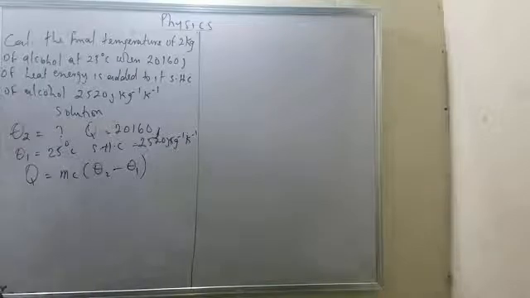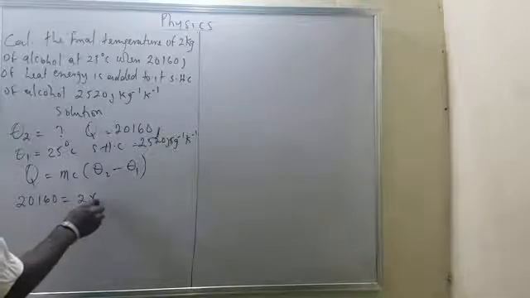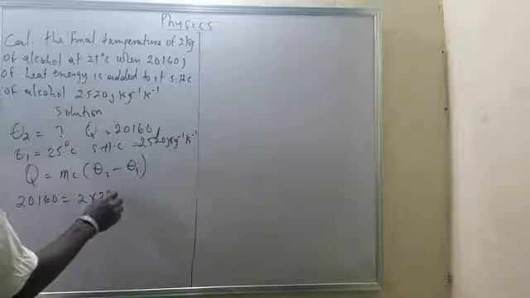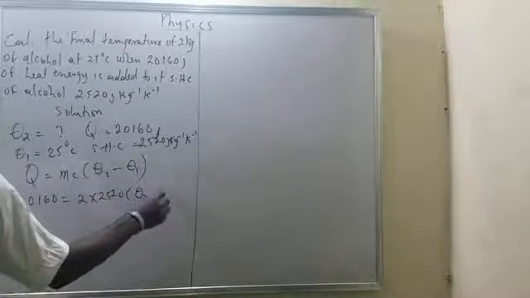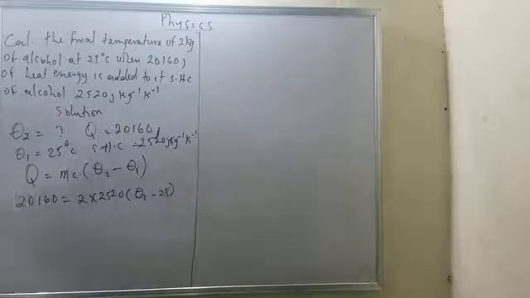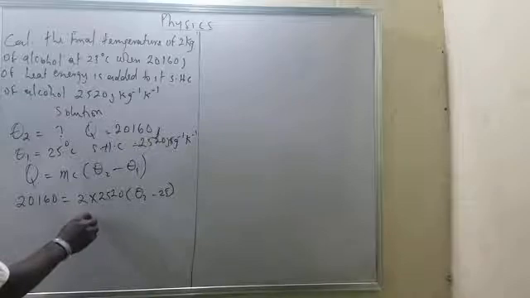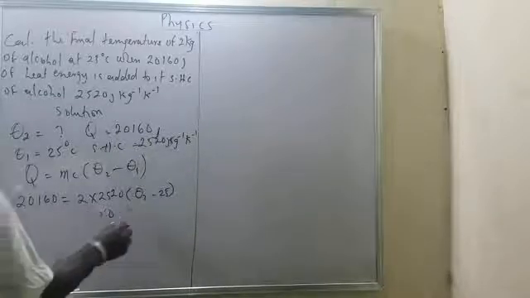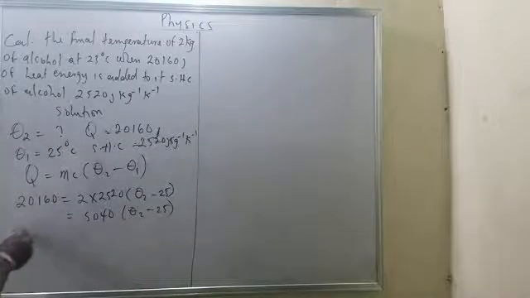It means 20,160 equals 2 multiplied by 2,520 bracket of theta 2 minus 25. By so doing, I can do my multiplication, which I'll have 5,040 bracket of theta 2 minus 25.